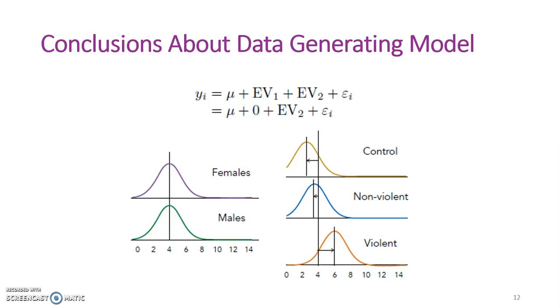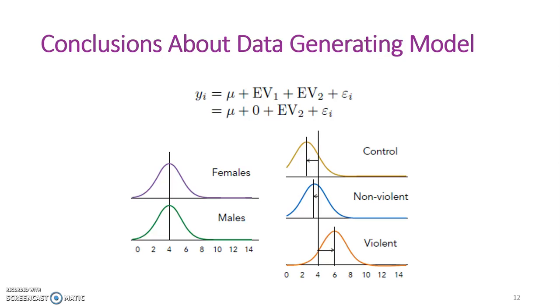So now that we've calculated those F-tests for the main effects, we can come to some conclusions about the data generating model. If you recall, in the data generating model, each score is equal to some population mean plus the effect of predictor 1 plus the effect of predictor 2 plus some error. What we can conclude after looking at our F-tests is that gender does not need to be a part of this model.